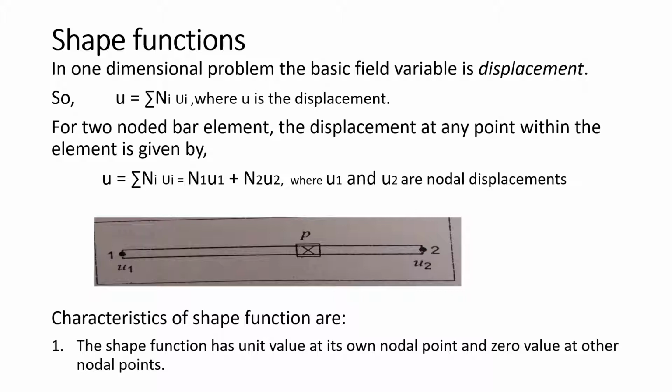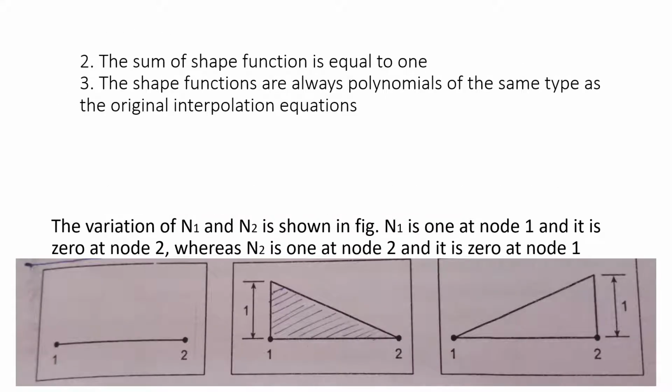Then what are the characteristics of shape functions? The shape function has unit value at its own nodal point and zero value at the other nodal point. Look at the picture shown. Two nodes 1 and 2. N1 is the shape function at 1, N2 is the shape function at 2.